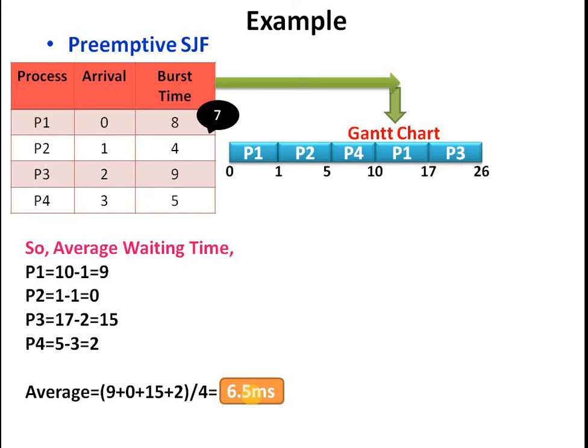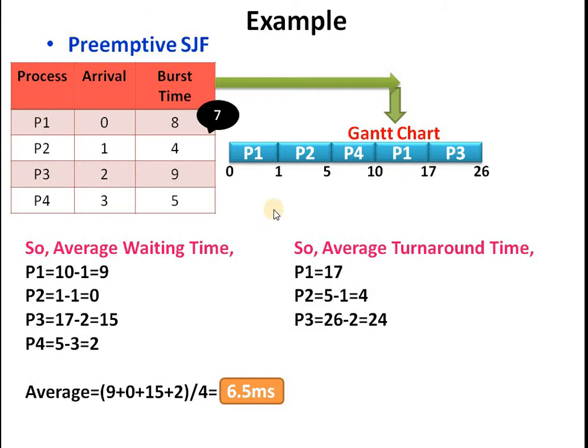Now calculate the turnaround time of the processes. The P1 process has a total turnaround time of 17 milliseconds. Minus its arrival time, 17 minus 0 is equal to 17. P2's turnaround time is 5 and arrival time is 1, so 5 minus 1 is 4 milliseconds. P3's turnaround time is 26, arrival time is 2, so 26 minus 2 is equal to 24.